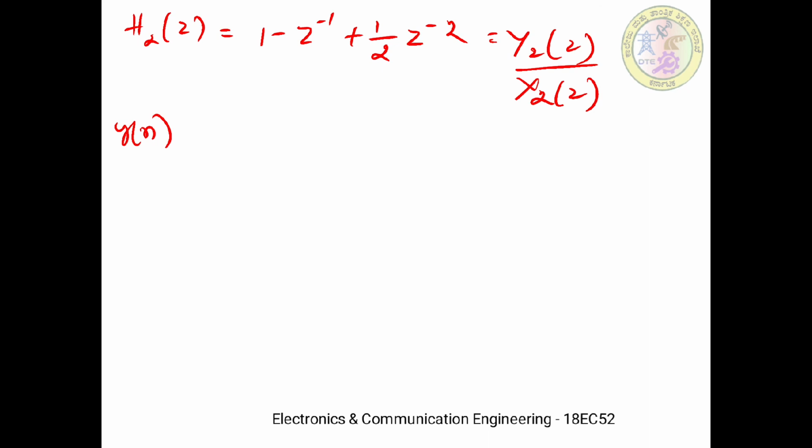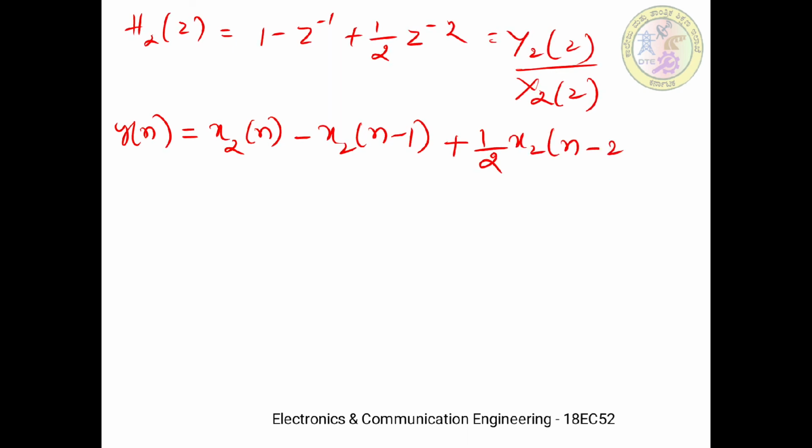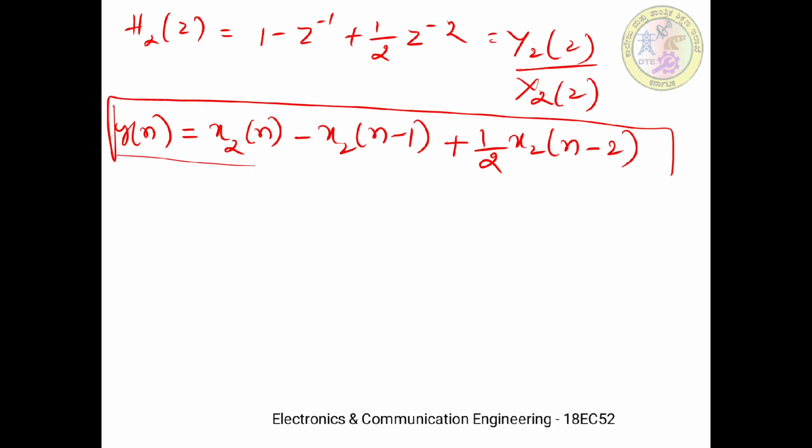Here y2 itself is the final output y of n. So directly, y of n is x2 of n minus x2 of n minus 1 plus 1 by 2 x2 of n minus 2. This is the second stage output as well as the final output y of n.